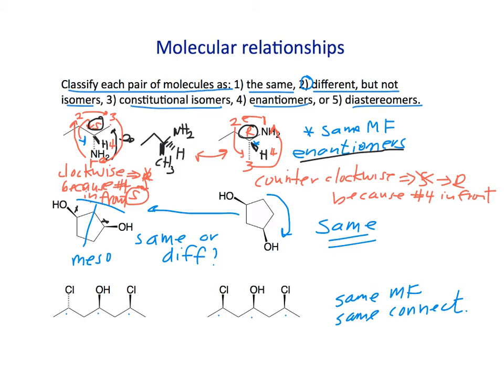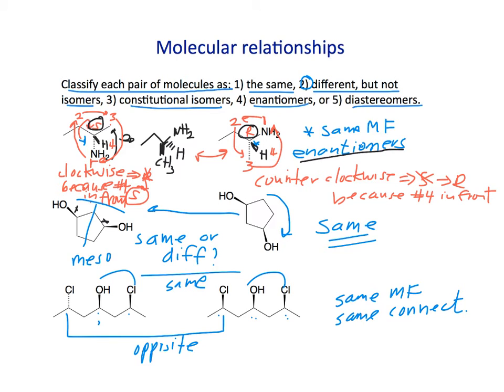Let's look. We have a wedge for the OH and a wedge for the chlorine on the right, so those two look the same. But these two look opposite.